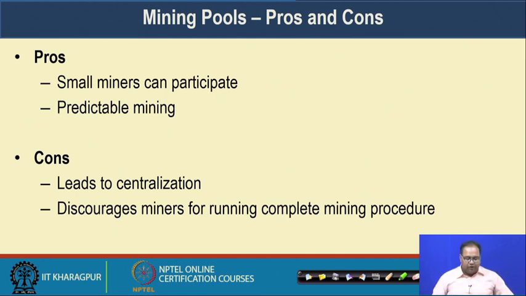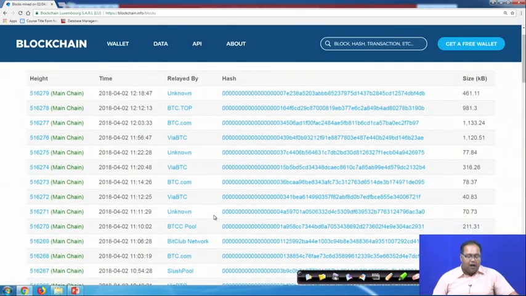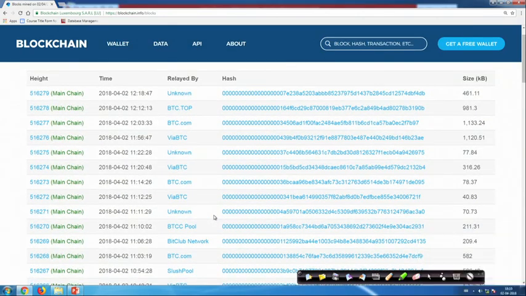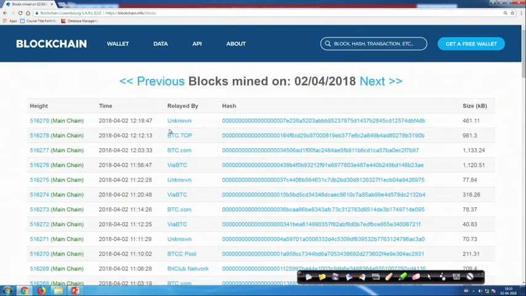If you look at the blockchain.info website, and at the recent blocks which are being relayed by multiple miners, you will find that the same miner is relaying multiple blocks one after another. So, BTC.com is relaying multiple blocks. Similarly, ViaBTC is also relaying multiple blocks.